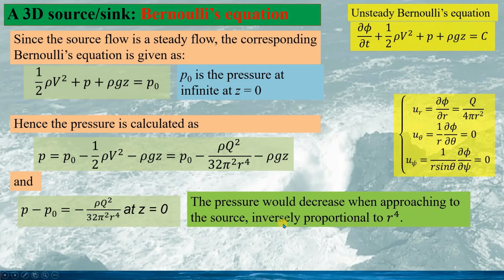It is inversely proportional to r to the power of 4. That means when approaching the source, the pressure would change dramatically. This provides a good property for the pressure field, since in some cases we need a dramatic change in the pressure.